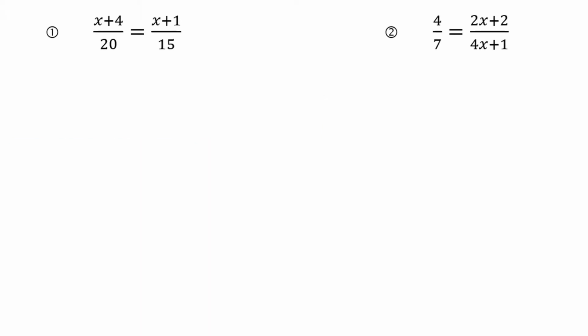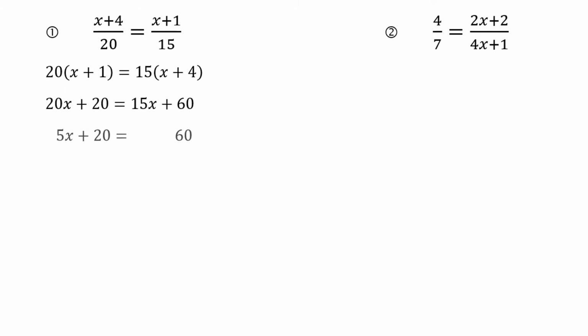Okay, question 1, it looks like the first step would be cross multiply. After I cross multiply, I'll use the distributive property. We need to isolate the variable. I will subtract 15x from each side. Then I'll subtract 20 from each side. Finally, I'll divide each side by 5, and I have a solution.